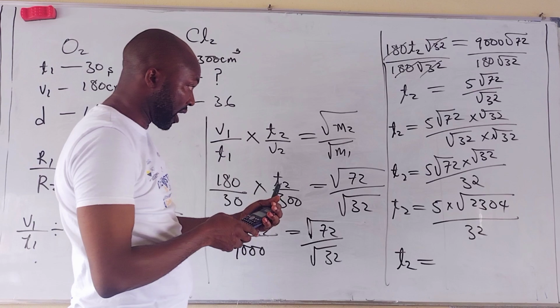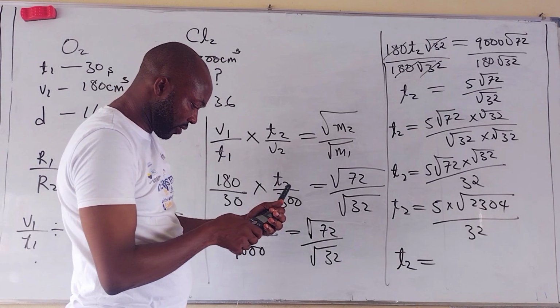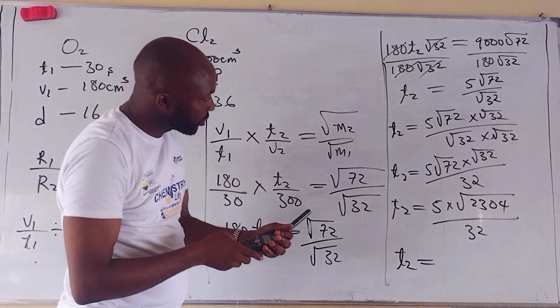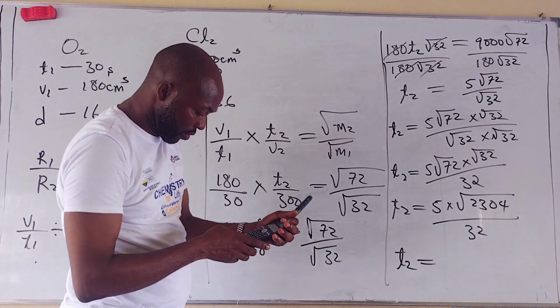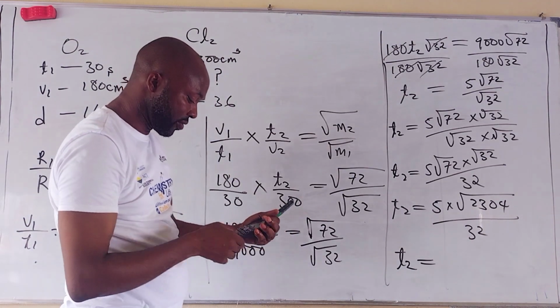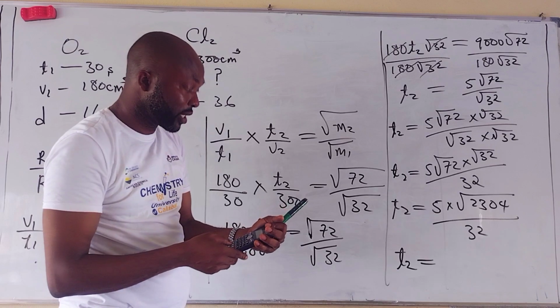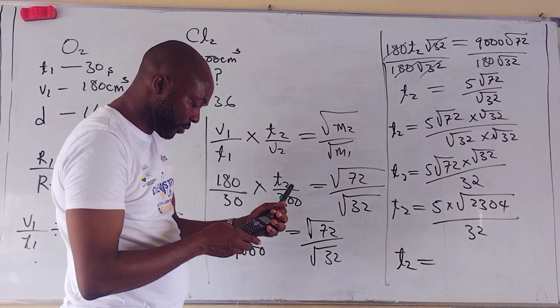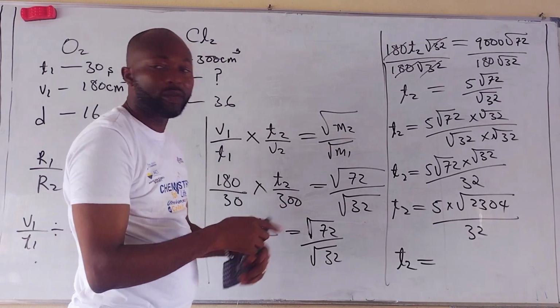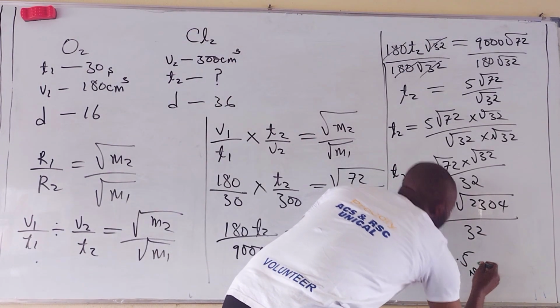Whatever we have becomes our answer. The root of 2304 is equal to 48, funny enough, times 5 is 240, divided by 32 is 7.5. So T2 is 7.5 seconds.